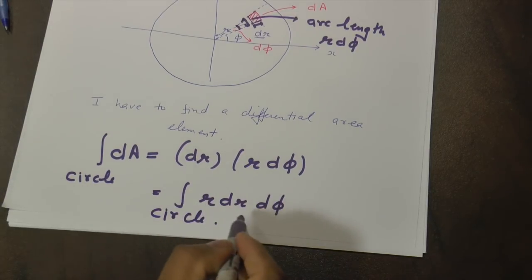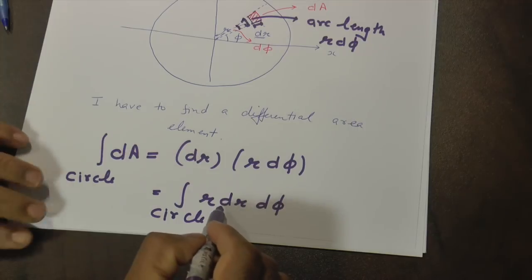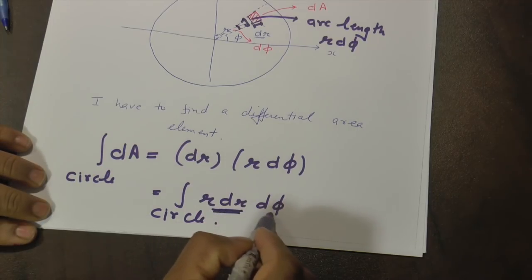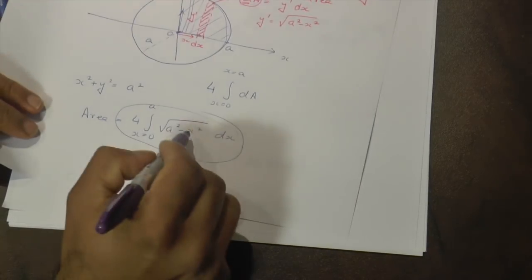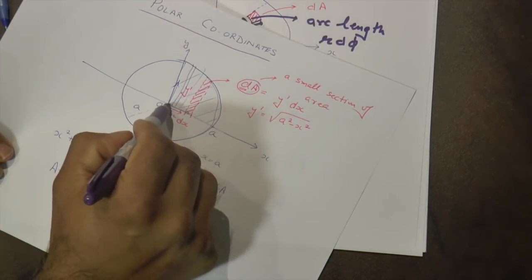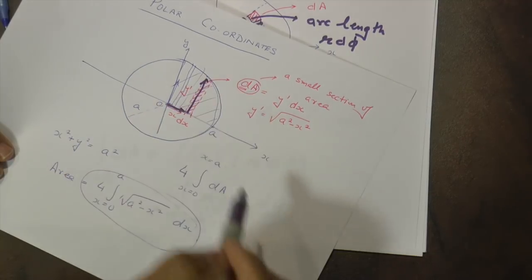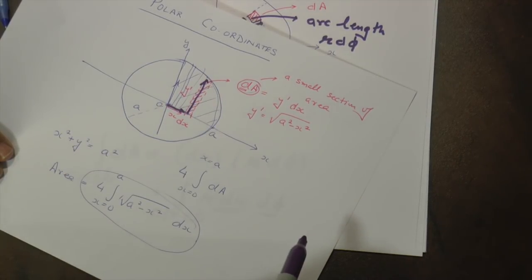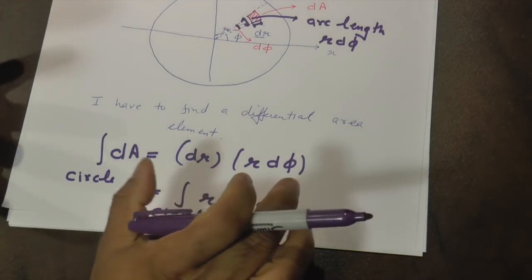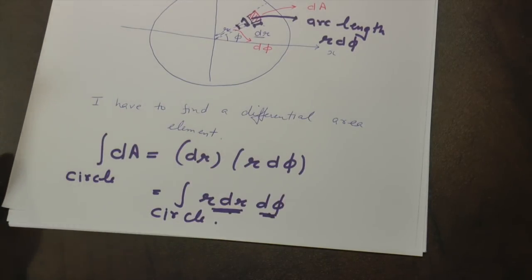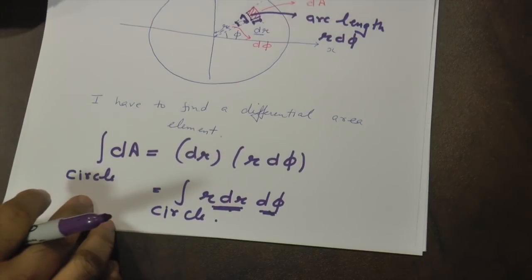Now this looks like a complex integral, but it actually is not, because when you're moving in the r direction, nothing is changing in φ. When you're moving in the φ direction, nothing is changing in r. This is the opposite of what is happening here: when you're moving in the x direction, the y direction is changing. The y length is changing around too. So this integral is not that complex to look at, as we will see very quickly.